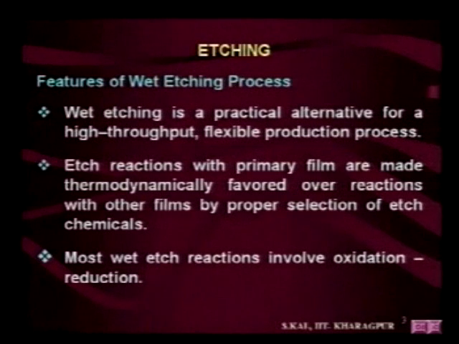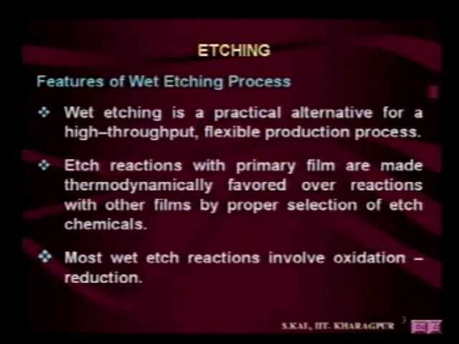Next point is etch reactions with primary film are made thermodynamically favored over reactions with other films by proper selection of etch chemicals. I discussed this point. Primary film means film to be etched.